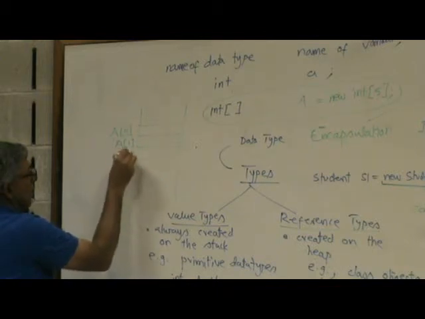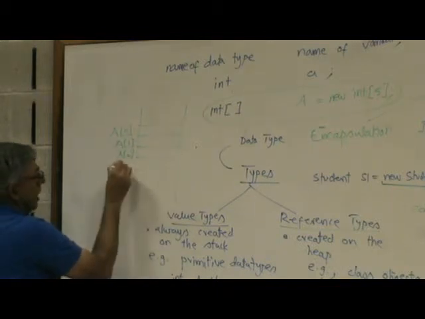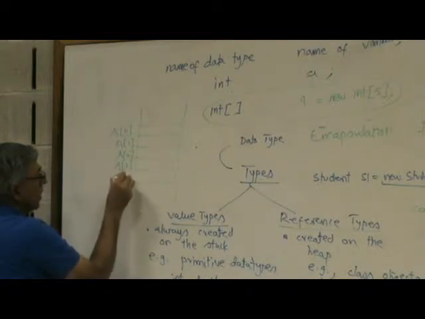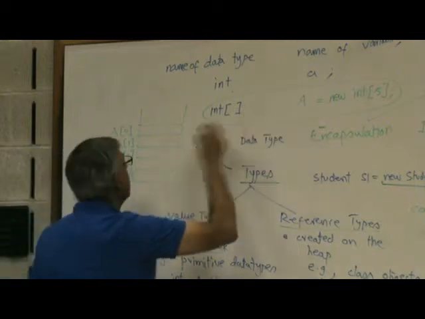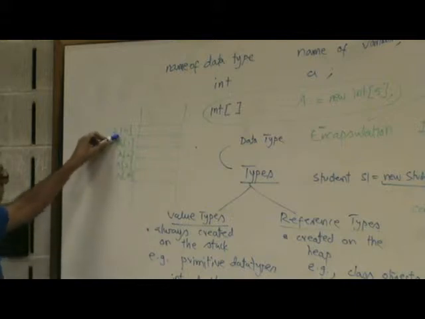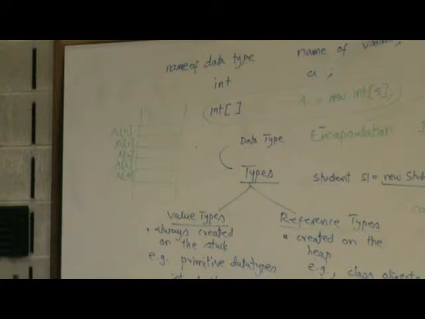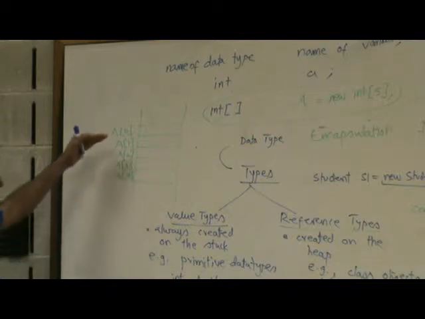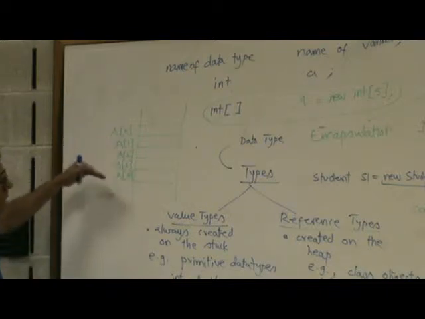Then 2. Then 3. And last will be index of 4. So even though we said create 5, so total there are 5 memory locations, 5 variables created, they range from 0 through 4. That's what you need to remember, same as in C, same as in Java. All these languages are 0 index based.